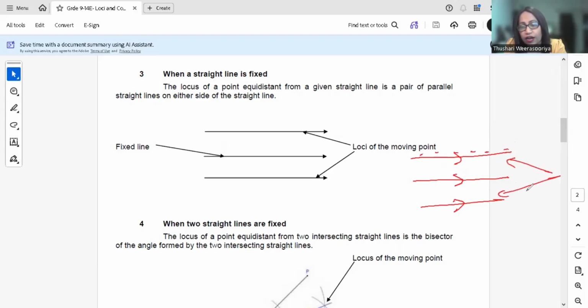This has two loci. These are the loci of the moving point, and this is the fixed line. In grade 10, we learn how to draw parallel lines further. But in grade 7, you learned how to draw parallel lines using a set square and ruler. You can use that method to draw the parallel lines.